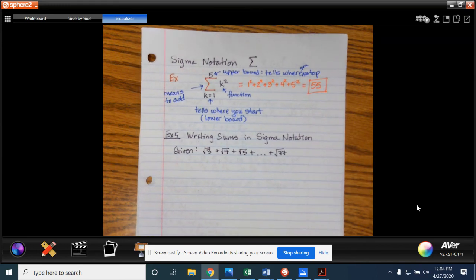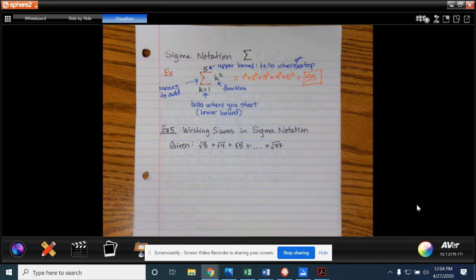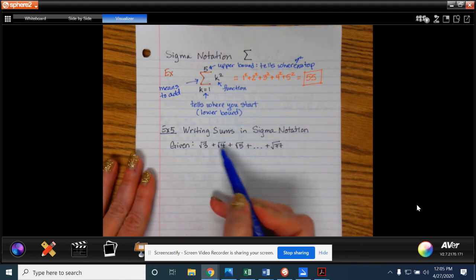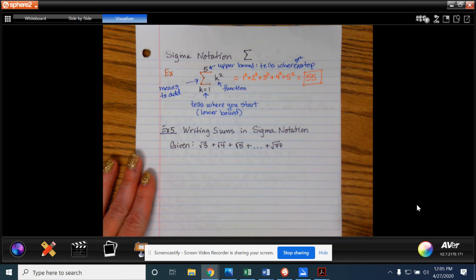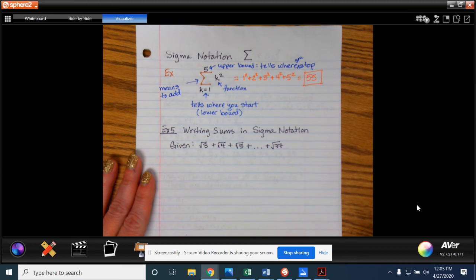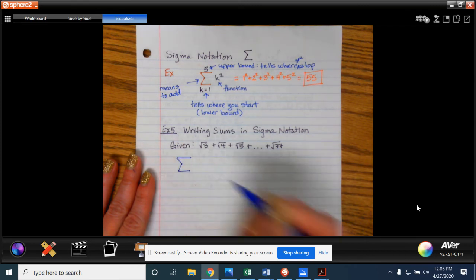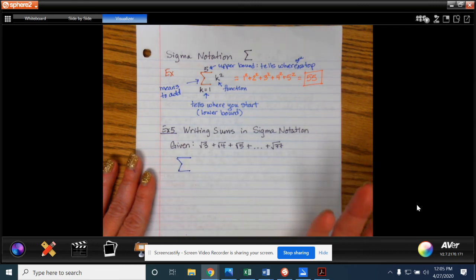All right, I need to transpose that sequence into sigma notation. Not a problem. Let's start. There's a couple ways you could do it. One of the ways is starting with noticing they're all under radicals, and it goes from 3 to 4 to 5, so they're going by ones. All right, I can write, here's my sigma. I'm going to use the letter k again.